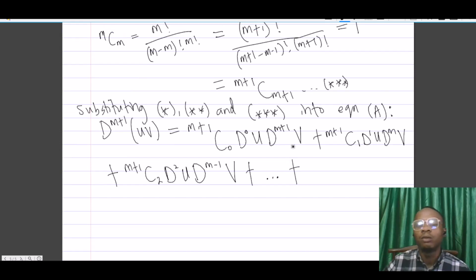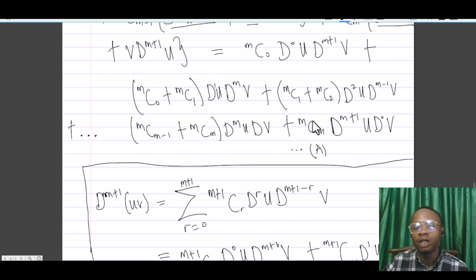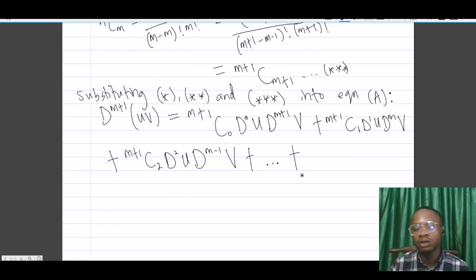Then we'll pick the last two terms. For the last two terms, we have m combination m minus 1, that will be m plus 1 combination m. So this is m plus 1 combination m, then dm of u, then d1 of b. Then finally, we're going to have m plus 1 combination m plus 1.